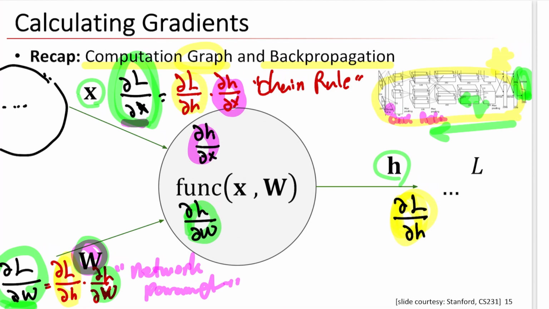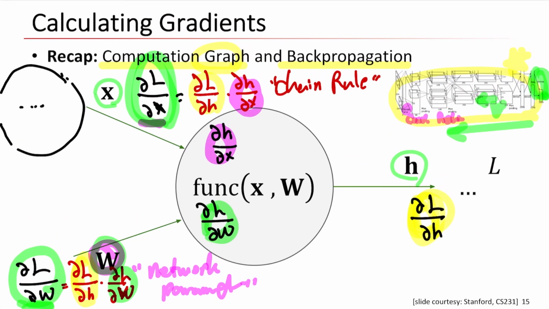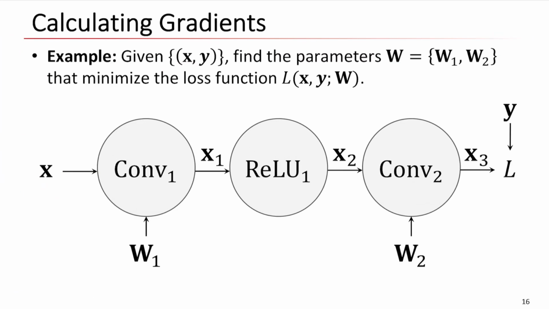So it will be the next upstream gradient for another layer, right? So this is the concept of the computation graph and backpropagation. By using backpropagation, we can efficiently estimate the gradient for each parameter from the low layer to the high layer, right?